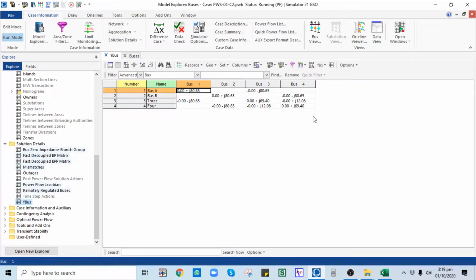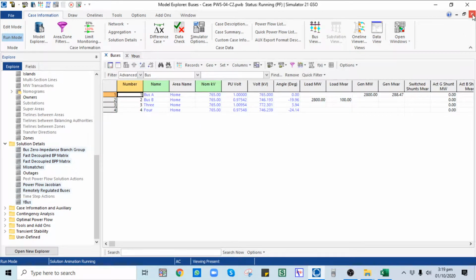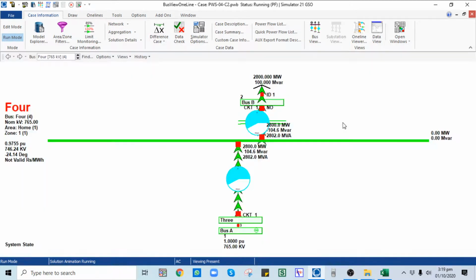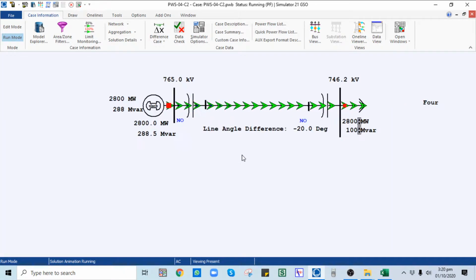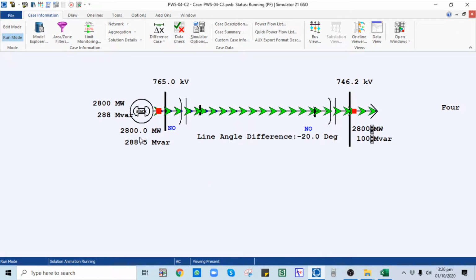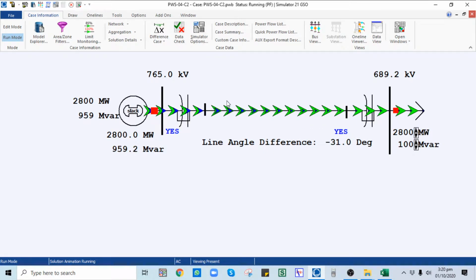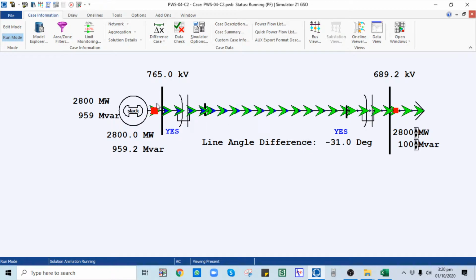So this is the Y bus network. So we are interested in this case. So when we add this capacitor, click on yes. Now you can see that overall the reactance of the transmission line will be decreased, and the net power through the transmission line will be increased.